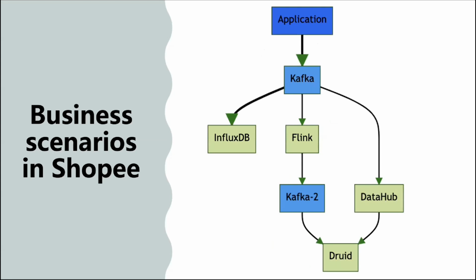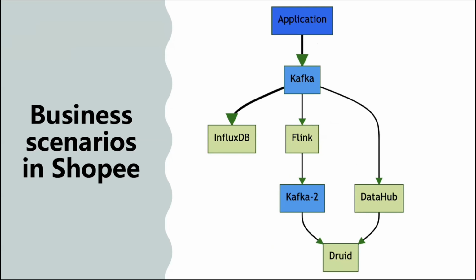This is another one I want to share with you. One business stores data in InfluxDB, but the standalone version of it couldn't meet the requirements of stability. But also the secondary development for the distributed version of InfluxDB will consume a lot of manpower.